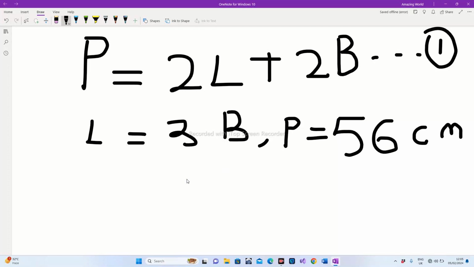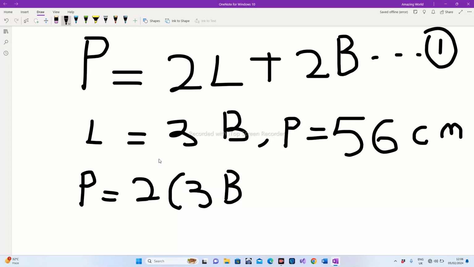So let's quickly do some substitution. I believe and hope that we all can substitute here. So our P is equals to 2L, and our L is what? 3B. From what we have defined above here, that our L is 3B. So we have this, then plus this other 2B.